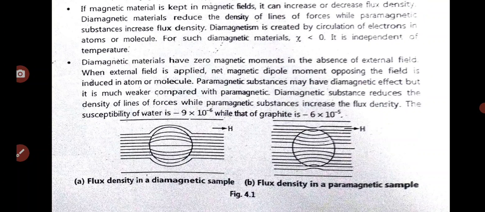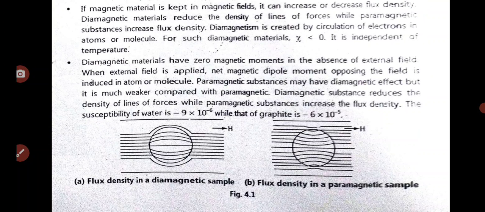Diamagnetism is created by the circulation of electrons in atoms or molecules. Such diamagnetic material has a susceptibility less than 0 and is independent of temperature. This is the major idea of diamagnetism.